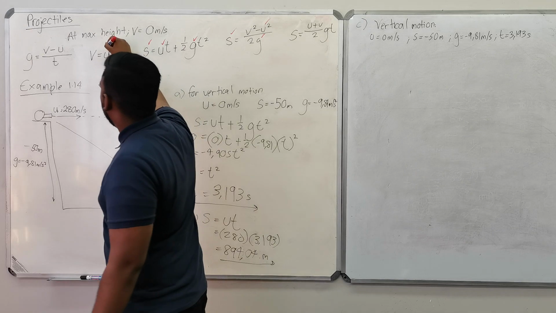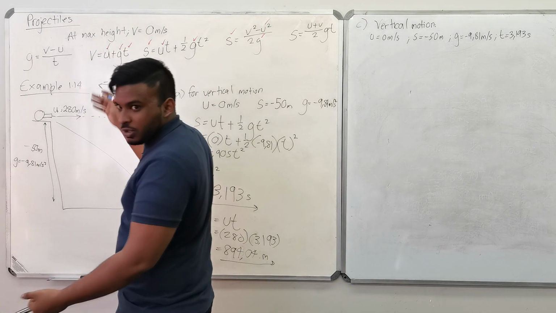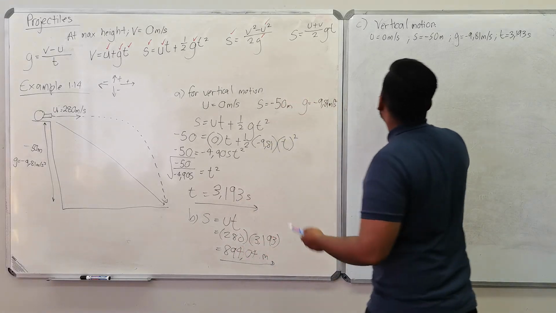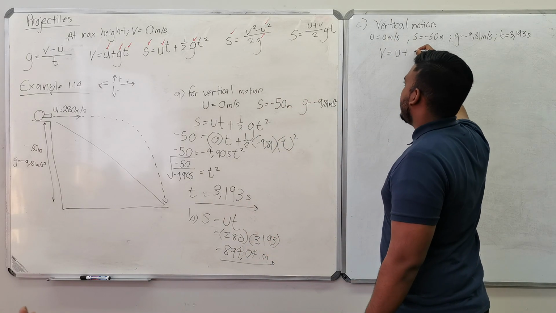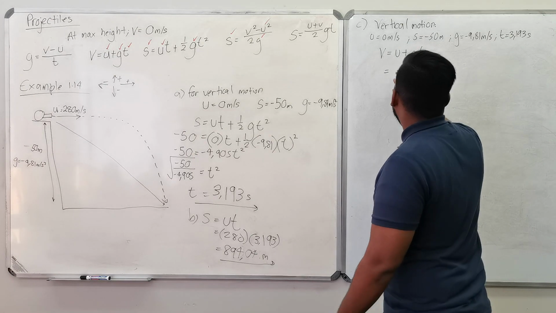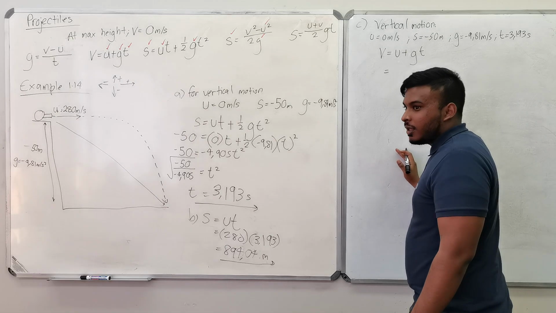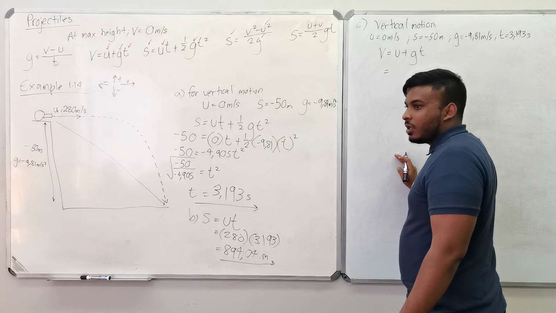So we know initial velocity, we know gravity, we know time. Let's use that formula. Velocity is equal to u plus gt, which is equal to what? What values are we substituting? It's just u plus gt.